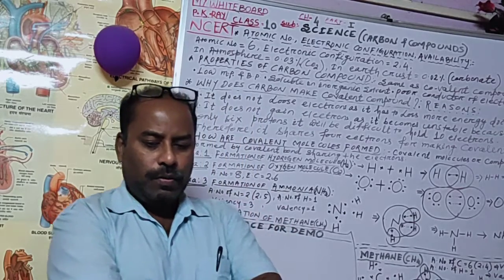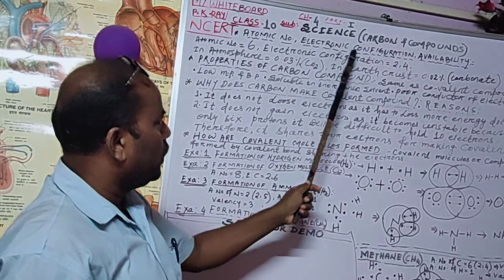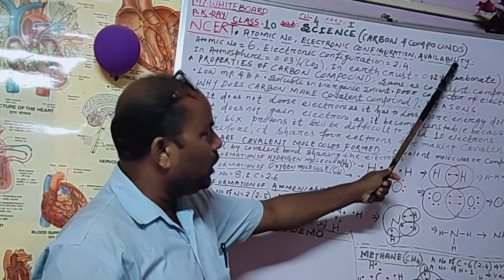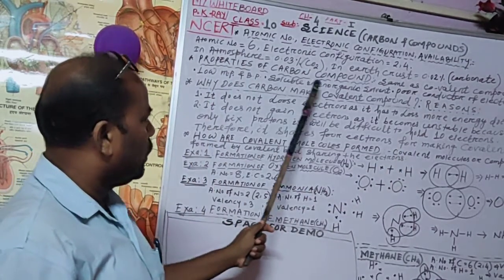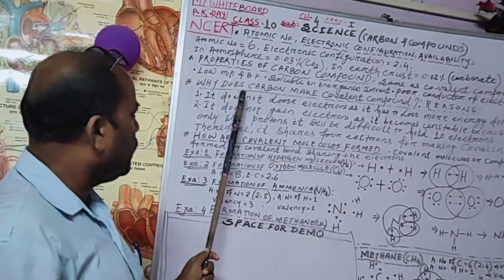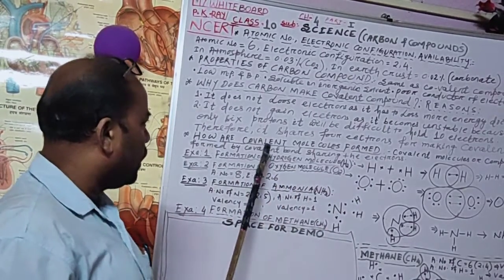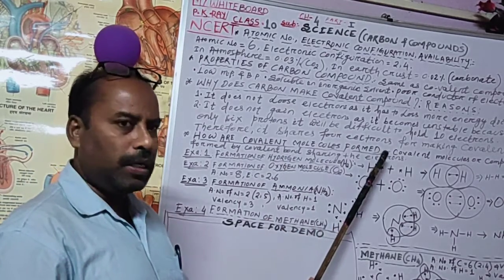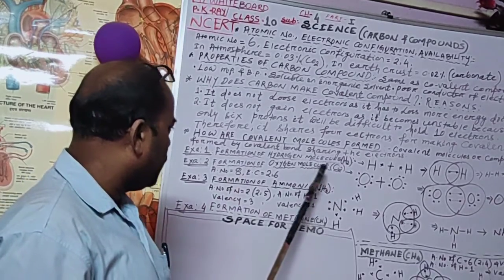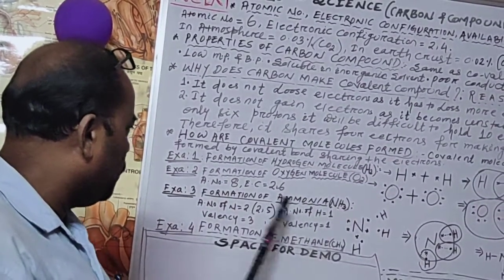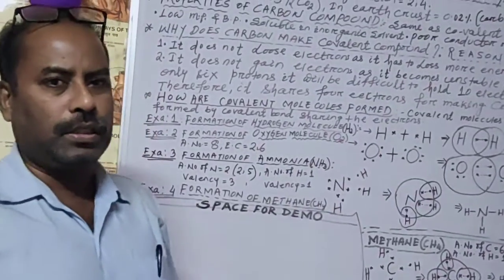So today we have to discuss the following main points: atomic number, electronic configuration, availability of carbon and its compounds, then properties of carbon compounds, then why carbon makes covalent bonds, then how covalent molecules are formed, like hydrogen molecule, then oxygen molecule, then ammonia molecule, then methane molecule. So today these main points we have to discuss.